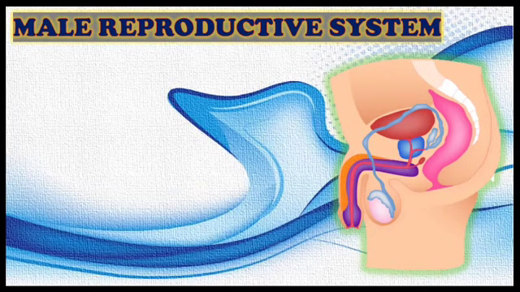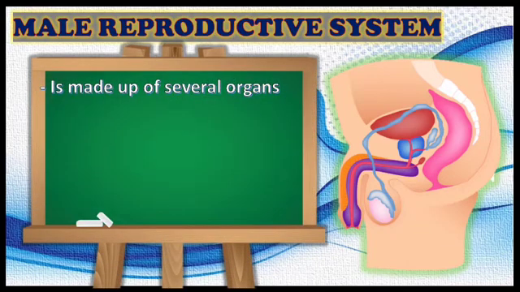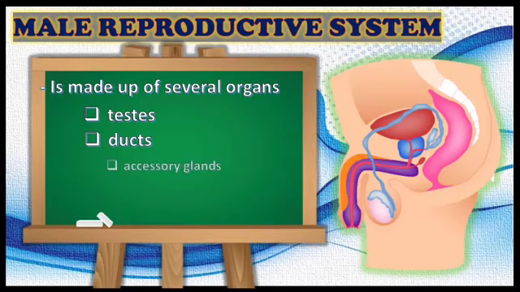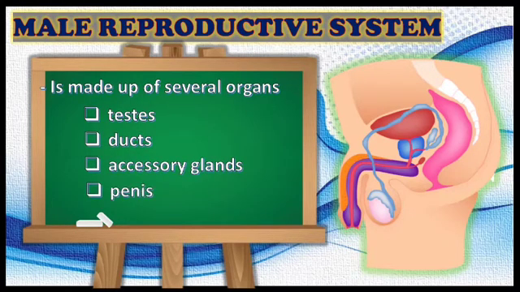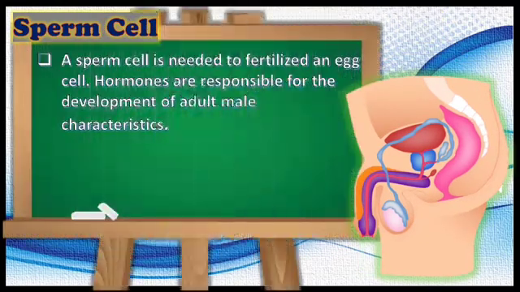So the male reproductive system, class, is made up of several organs. These are the testes, the ducts, the accessory glands, and the penis. But before we proceed to each part and its functions, did you know that the sperm cell is needed to fertilize an egg cell?